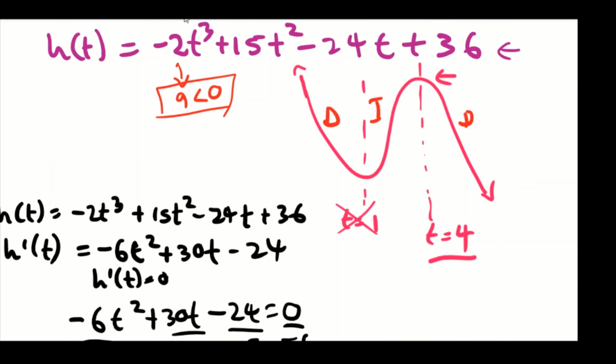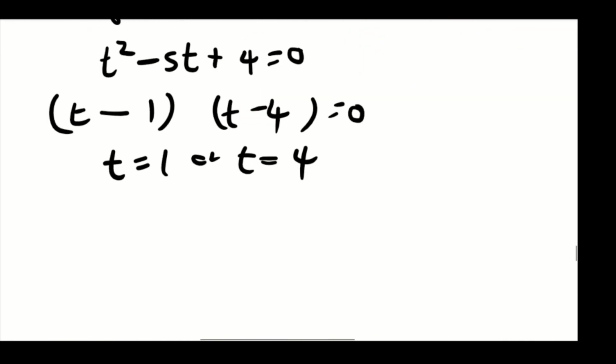So we can only consider t equals 4, because this is the point of maximum for this function. When t equals 4, I now want to identify the height at t equals 4, so we use our equation.